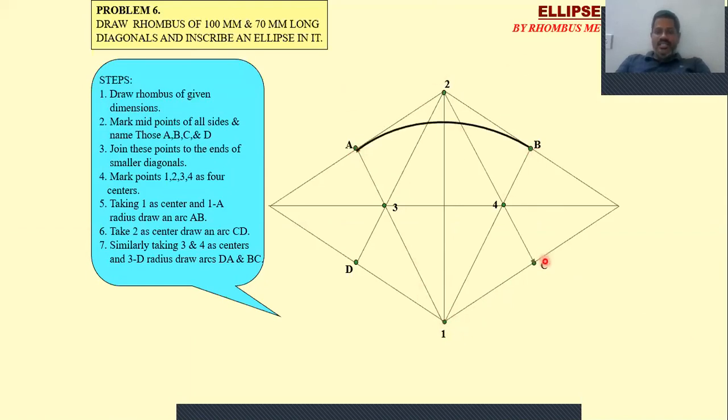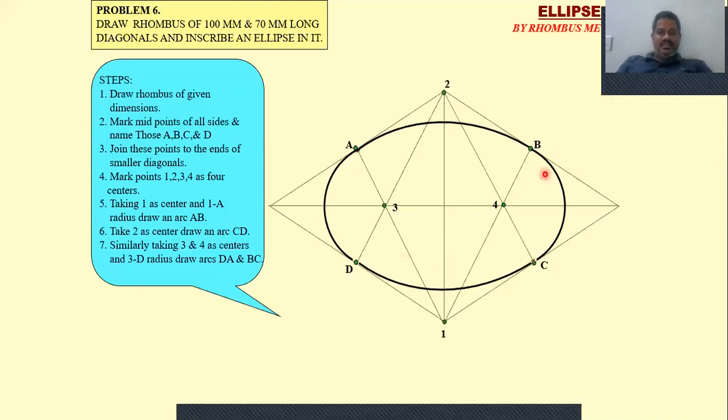With 2C as radius, with 2 as center, draw an arc to connect C and D. With A3 as radius, with 3 as center, draw an arc to connect A and D. With 4B as radius, with 4 as center, draw an arc to connect B and C. So this completes the ellipse.